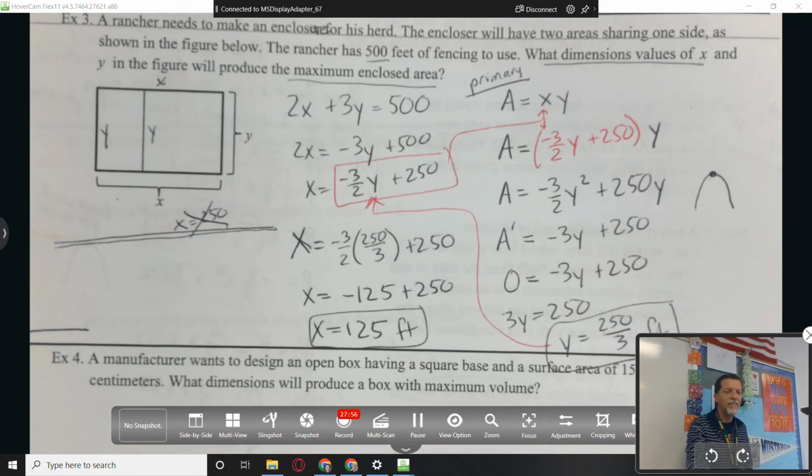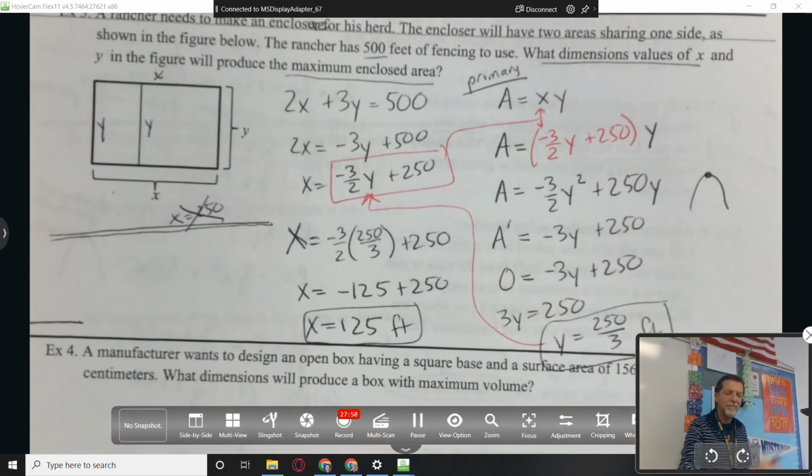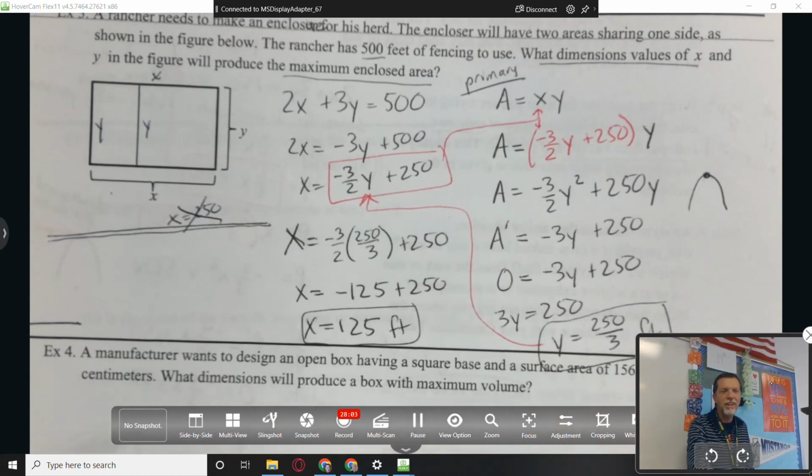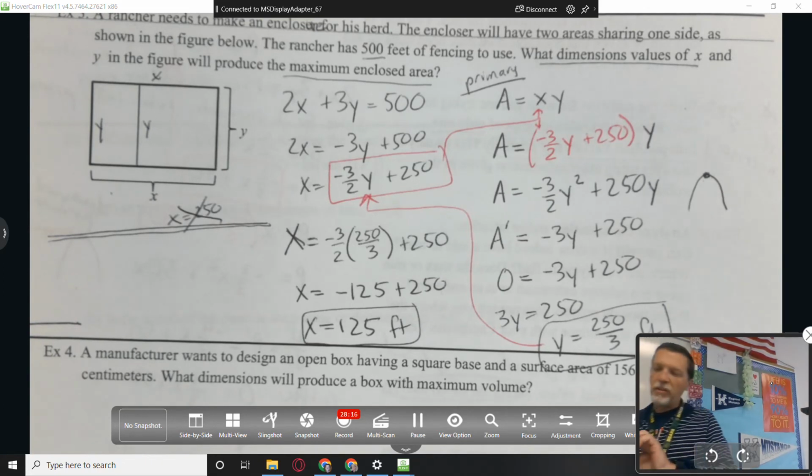It would be feet squared per feet. It would simplify to that, but it's how the area is changing based on how you change X. So feet squared per feet, which is weird.